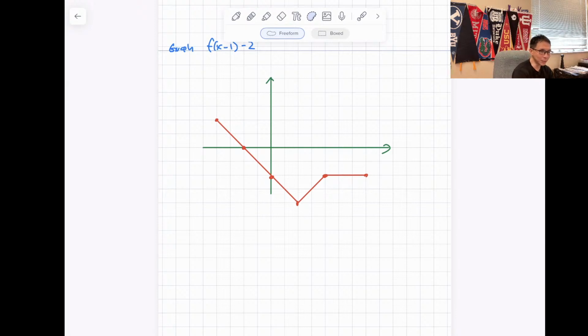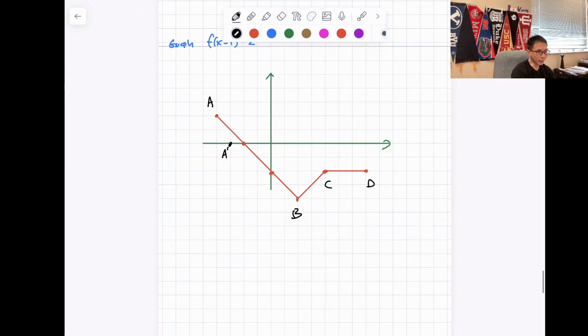So I'm going to take this point right here, and we're going to call this A, B, C, D. We're going to form A prime. A prime is moving in a direction. So I'm moving right 1, down 2. This is the A prime. Is that okay? And move right, down. This is the B prime. Is that okay? Right 1, down 2. This is C prime.